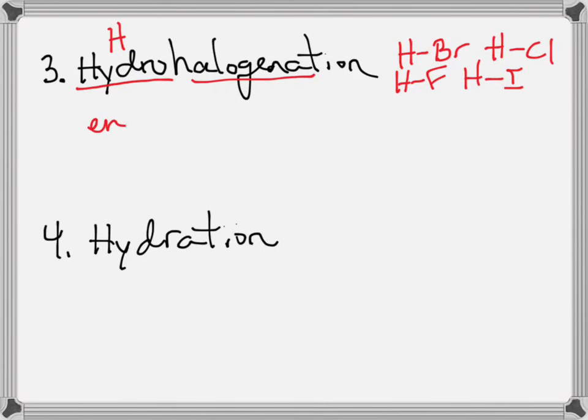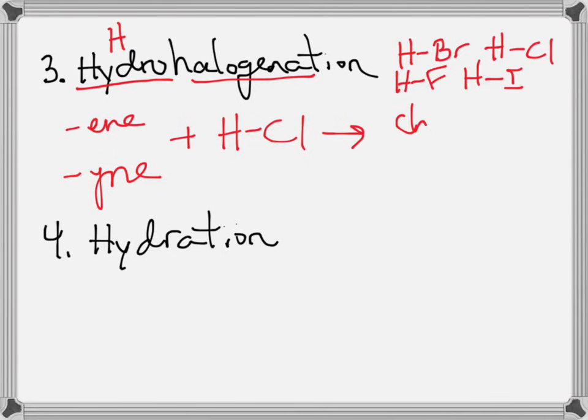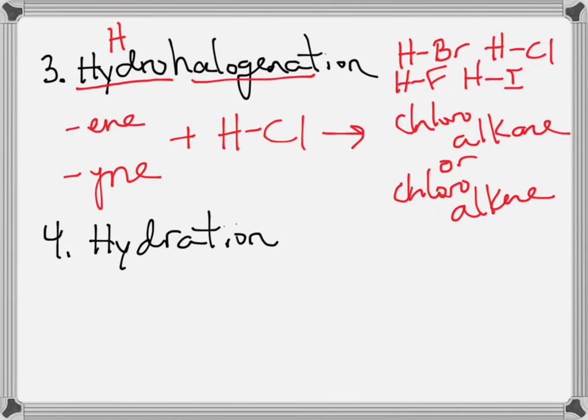We can take our alkenes and alkynes plus, again, I can use any of them, but that's an example of one. And so in this case, I would get a chloroalkane, so an alkane with a chloro group on it, or a chloro with an alkene, depending on if I started with an alkyne or an alkene.